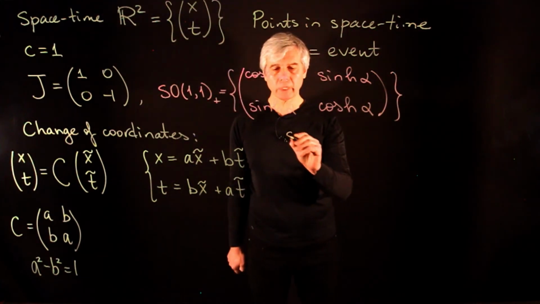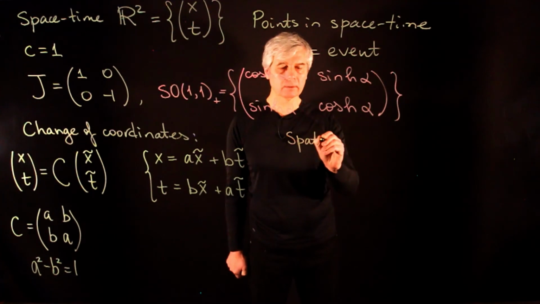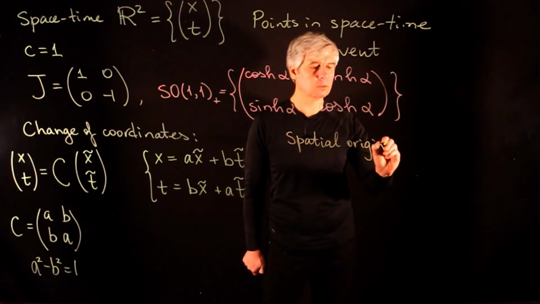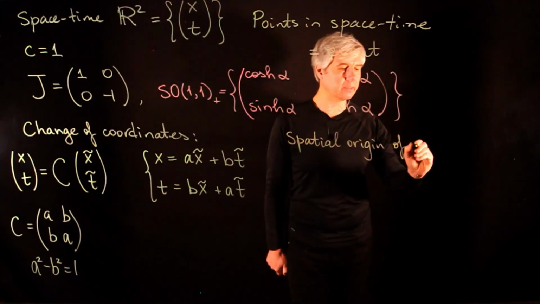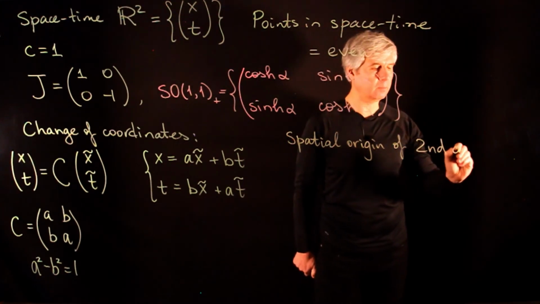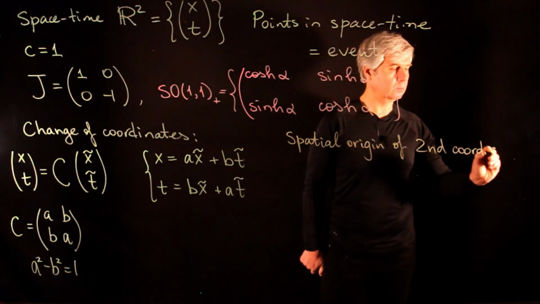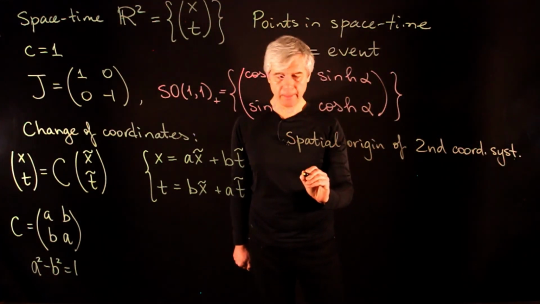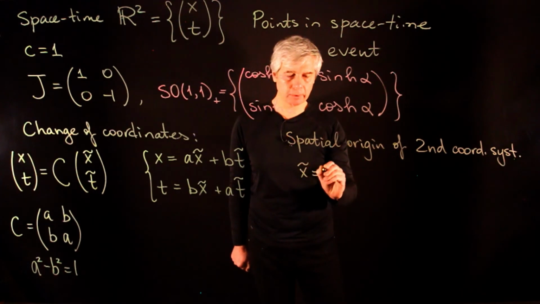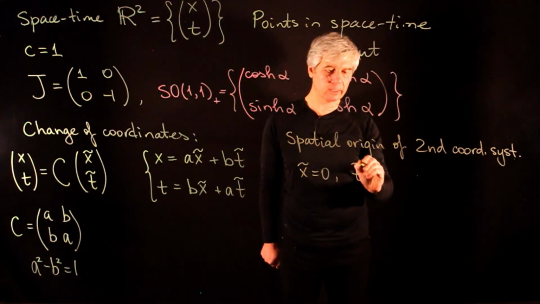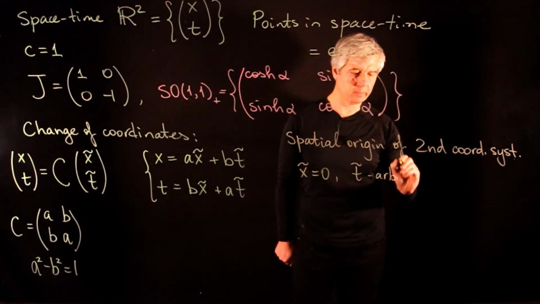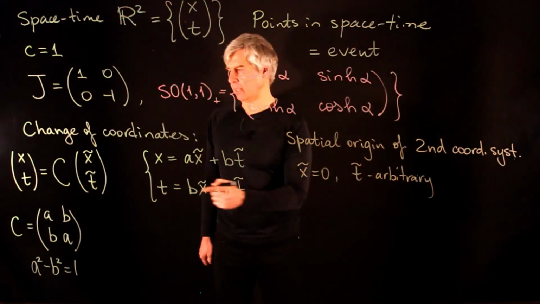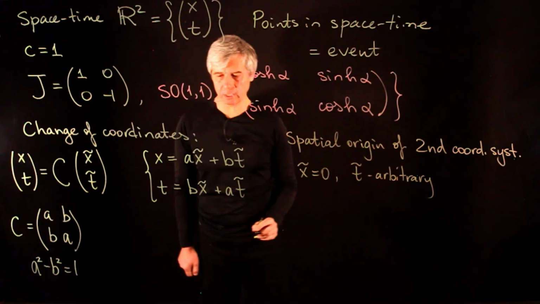Now, let us look at the spatial origin of the second coordinate system. This is given by the equation that x tilde is equal to 0 and t tilde is arbitrary. What happens to this in the original coordinate system?